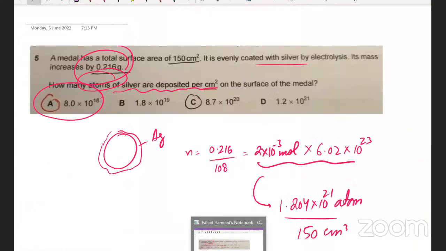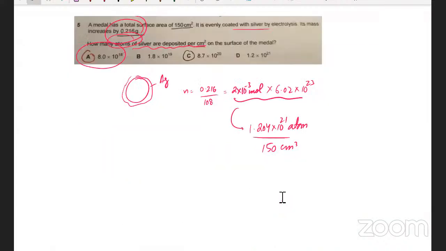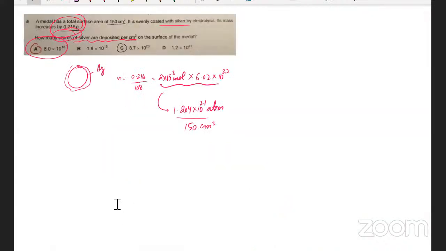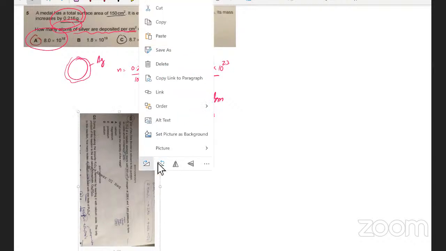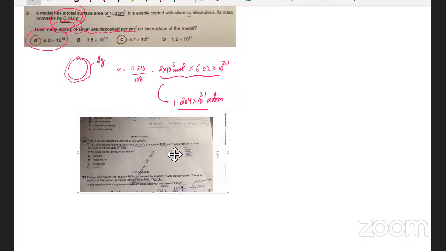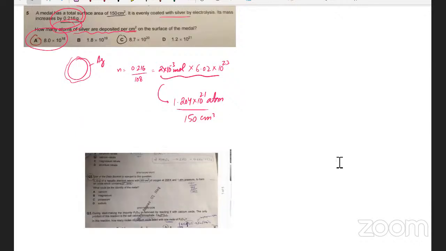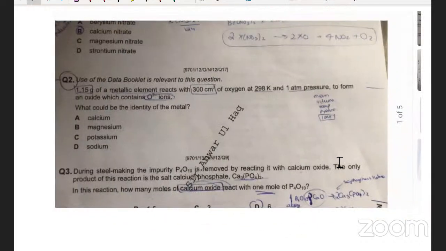The question is, just one second. And make sure your question is not inverted when you send it, or rotate it. Okay, I can't do it on WhatsApp Web. I can't rotate it.